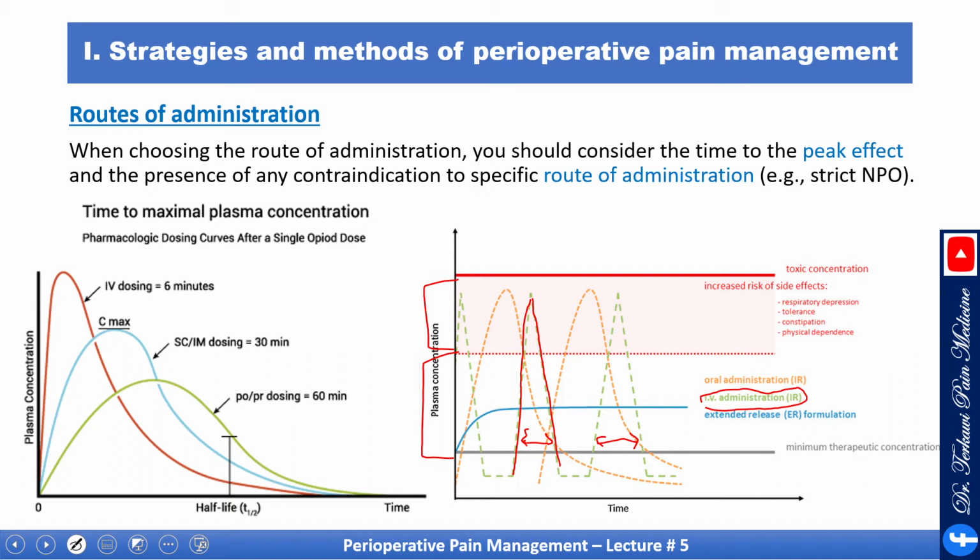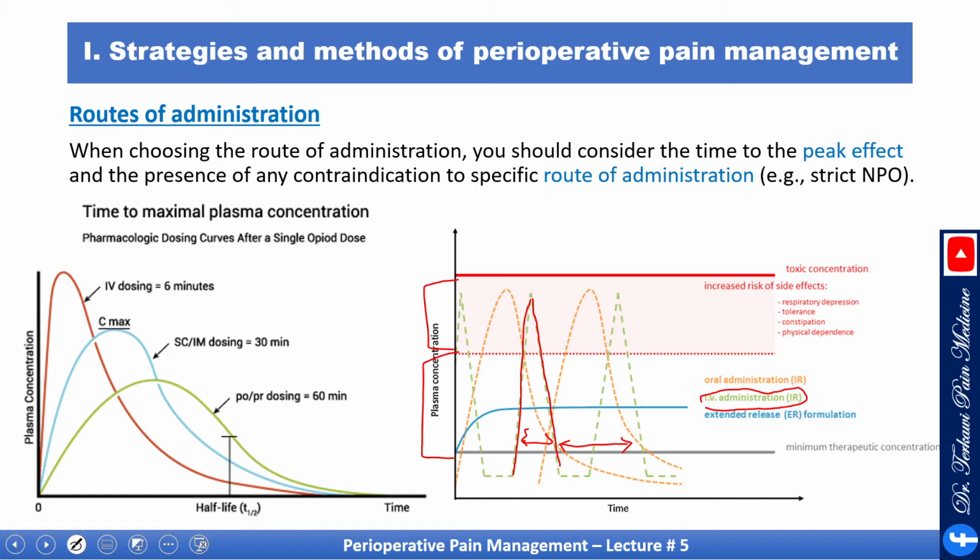Sorry, the oral is here. So it's shorter than the duration of oral, for example. So the oral will be here versus green. So green versus orange.